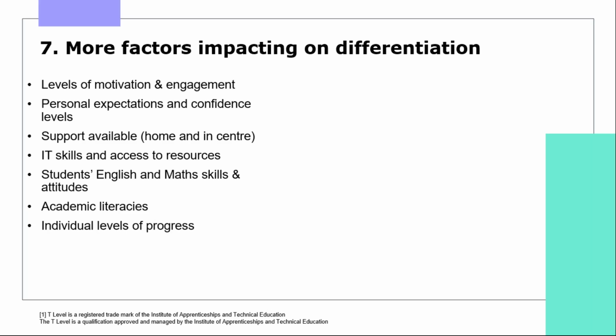And then we've got individual levels of progress. So thinking about how aware the students are of their progress, how motivated they are to push themselves, and what their individual hooks are. And in this, I mean the type of approach teachers take to motivate and encourage them to improve. Students' ability to cope and their levels of resilience, something extremely important in the current climate.